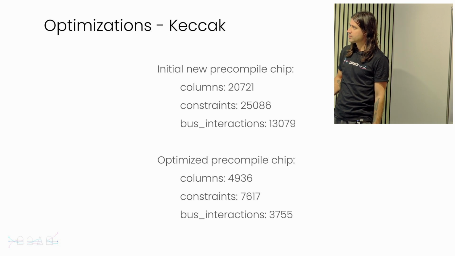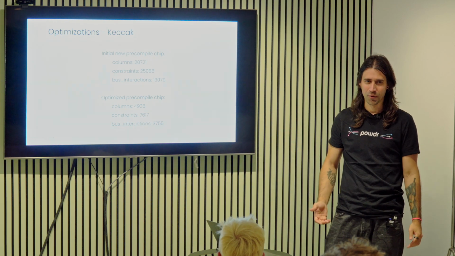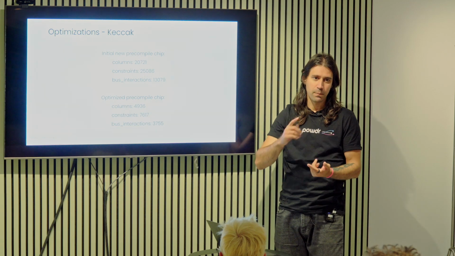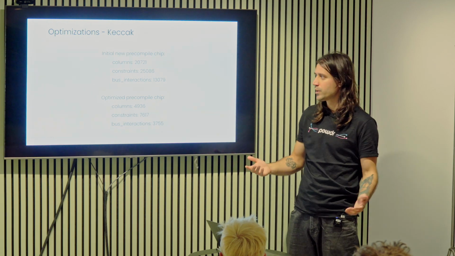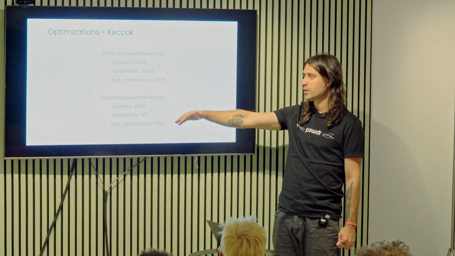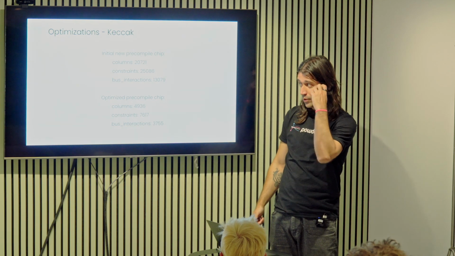And yeah, so 20K, you would have 10x worse performance basically. But with all the optimizations together, memory constraints, columns, and so on, we managed to reduce it to less than 5K, which puts us within a 2-3x ratio from the manually written one.